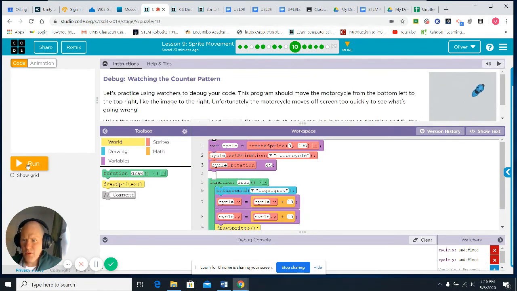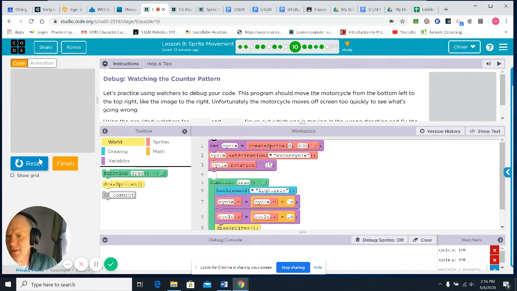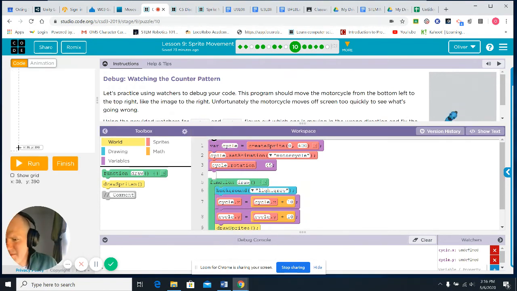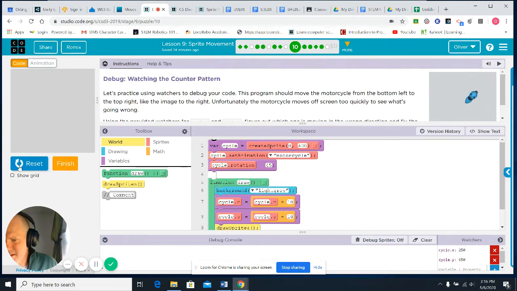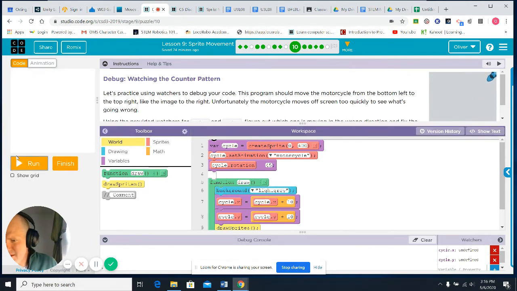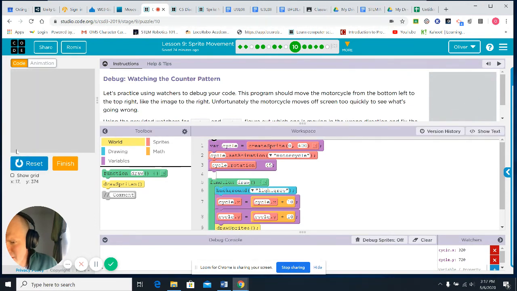Okay, I want to give you one more. This one I wanted to have you look at. Look at that. Did you see that over here? Let's do it again. Which way is it moving? You can just barely see the motorcycle run this way. What we want it to do is run at this angle. So look, X and Y are both getting larger.